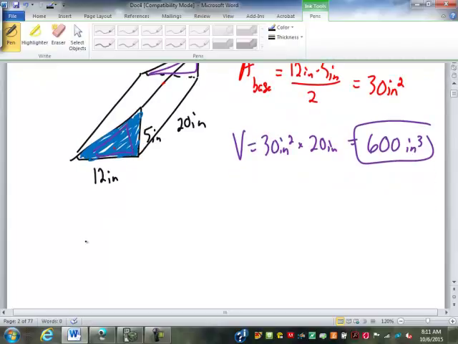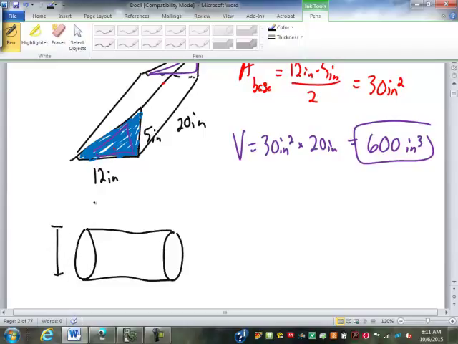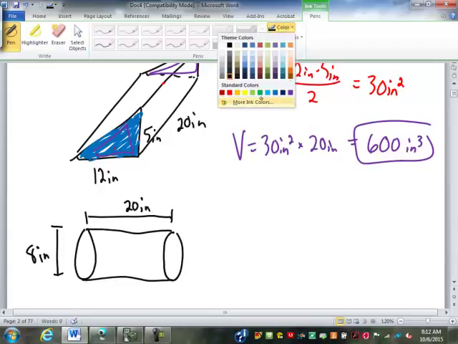Also, we can run into something like this. Here, what's my base?